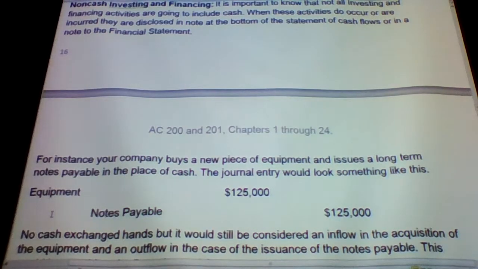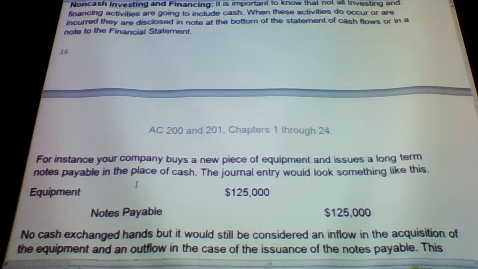Non-cash investing and financing. It is important to know that not all investing and financing activities are going to include cash. When these activities do occur, they are disclosed in a note at the bottom of the statement of cash flows or in a note to the financial statements. For instance, your company buys a new piece of equipment and issues a long-term note payable in place of cash.